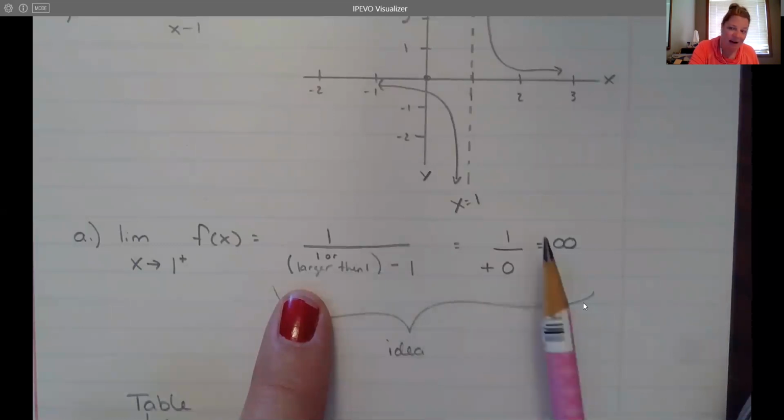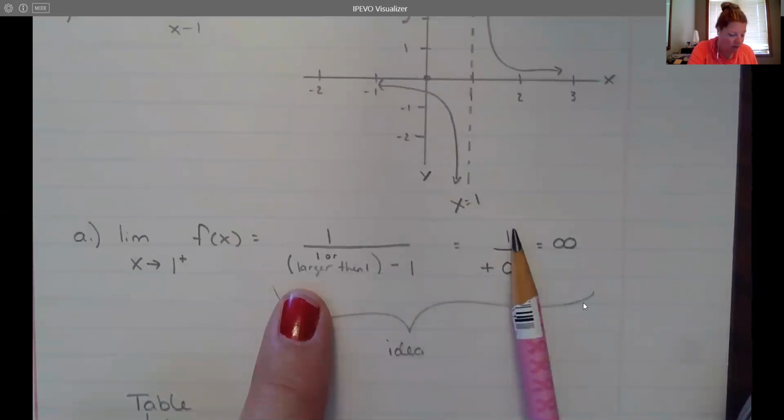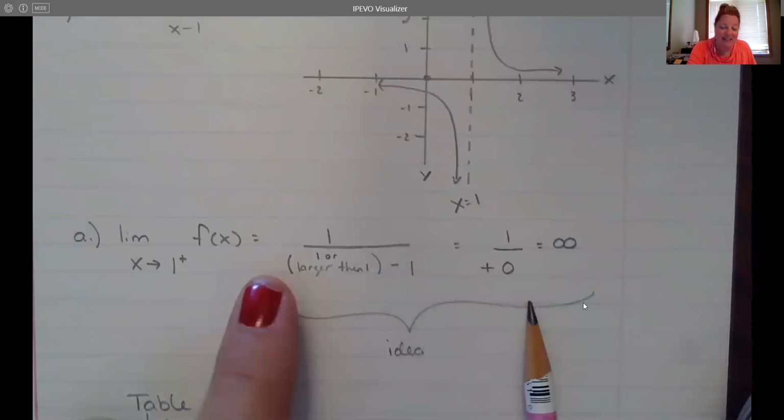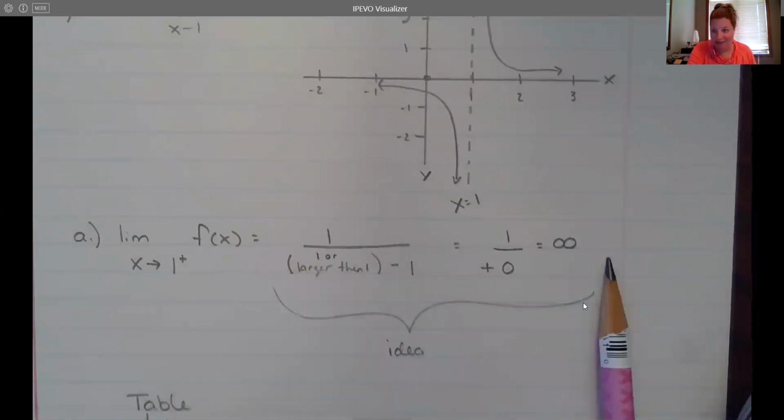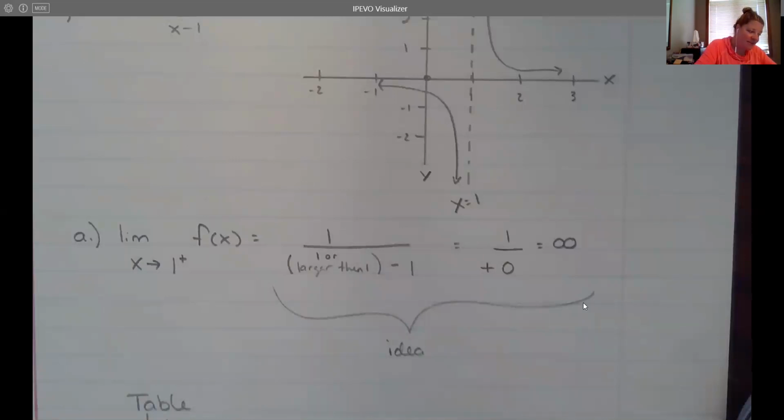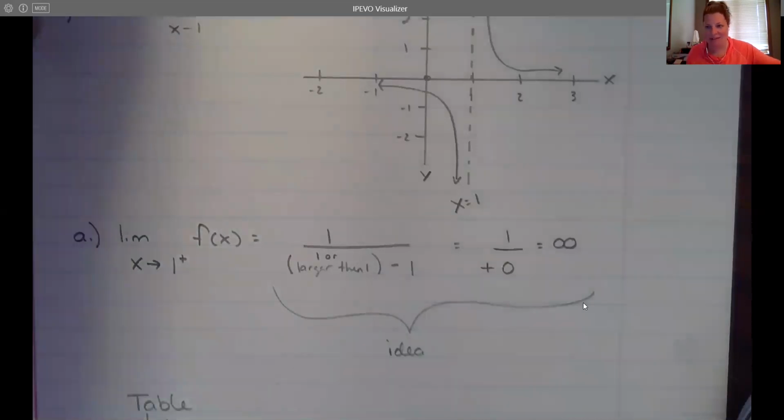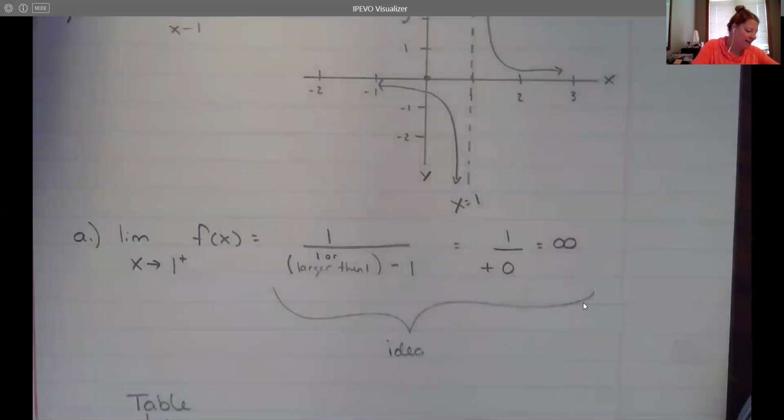So if I have a number over something positive 0, then I'm going to infinity. If this is confusing to you, I can look at it and say it's going to infinity, and not everyone can look at it and understand that.